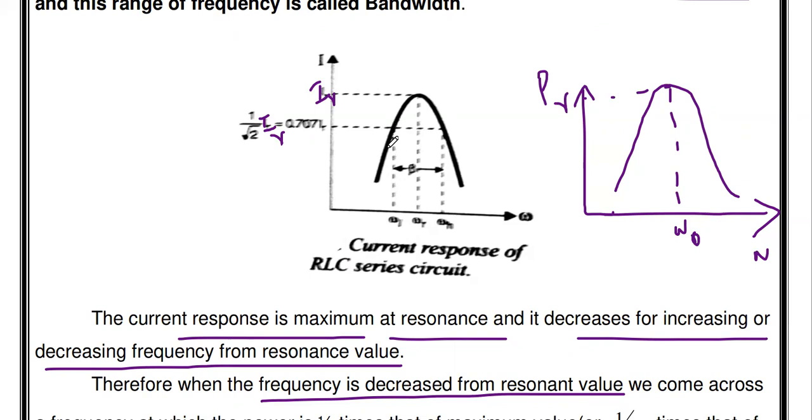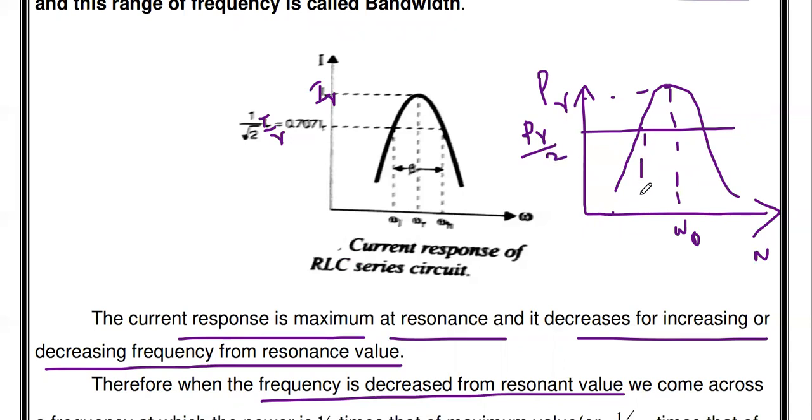Similarly, at the frequencies omega L and omega H, the current reaches 0.707 times the maximum current, and the power reaches half of the maximum power, that is, P_R divided by 2.